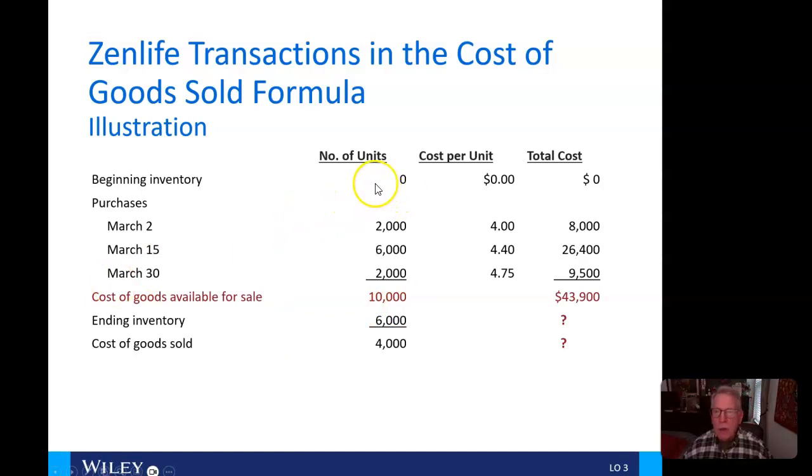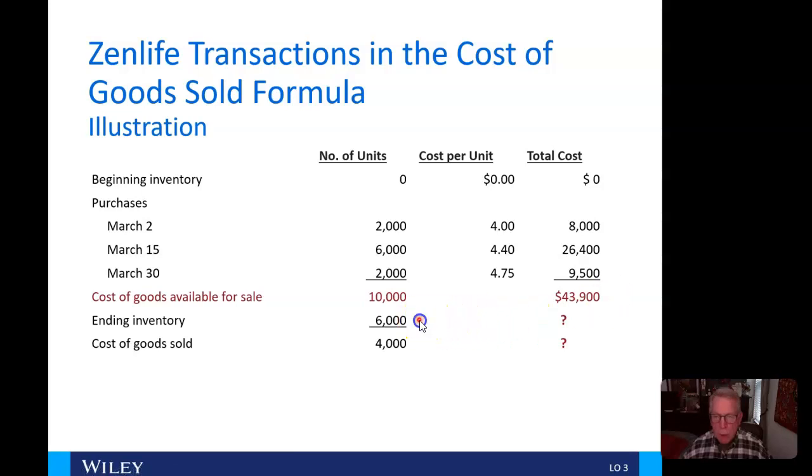So here are the ZenLife transactions in the cost of goods sold formula. Here we start out with beginning inventory, which is 0. We've added some purchases here. Then that gives us the cost of goods available for sale. These are purchased in a period of rising costs for a total of 43,900.